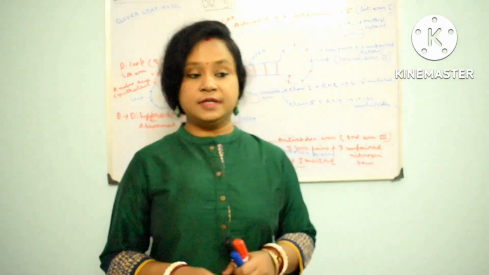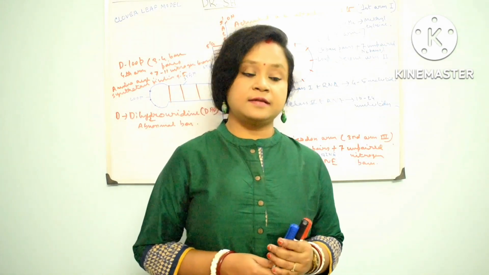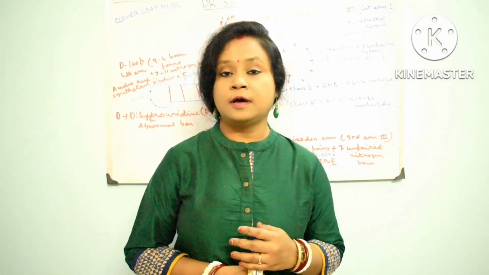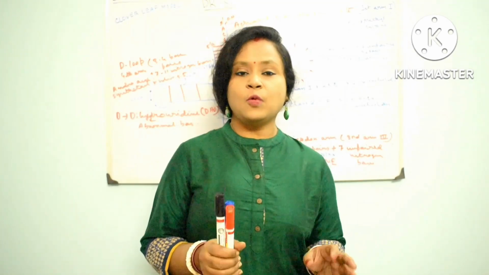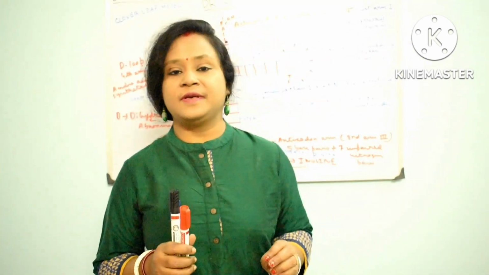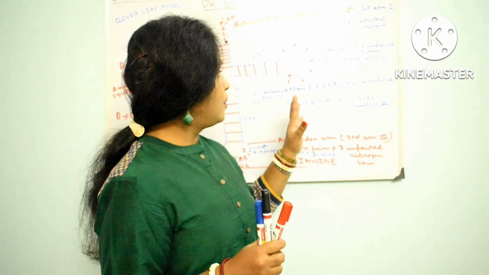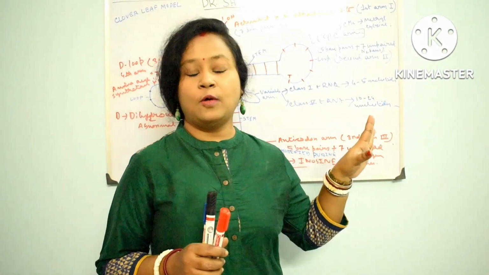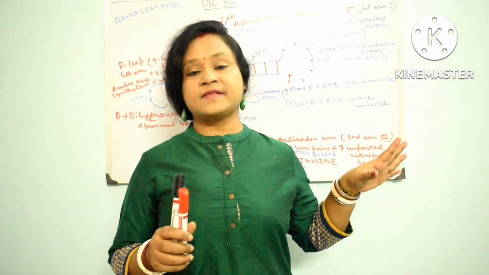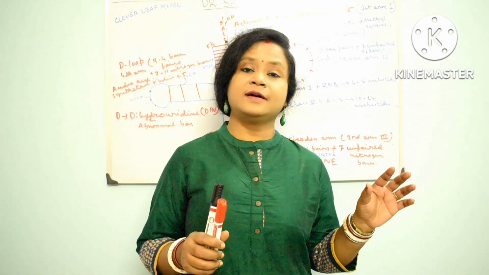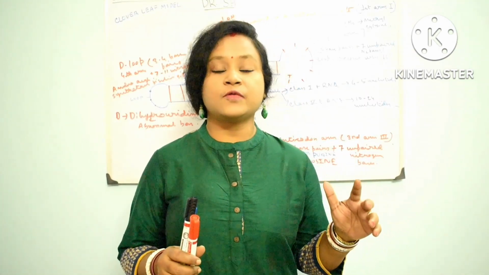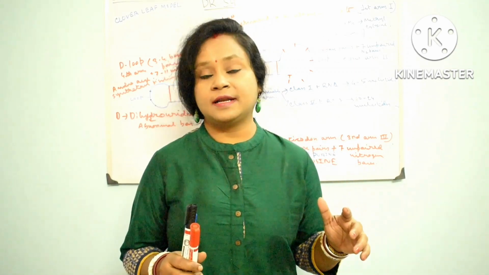From this structure we already know that there are lots of abnormal bases. So what is the function of abnormal bases? Why are they present in large numbers in tRNA?